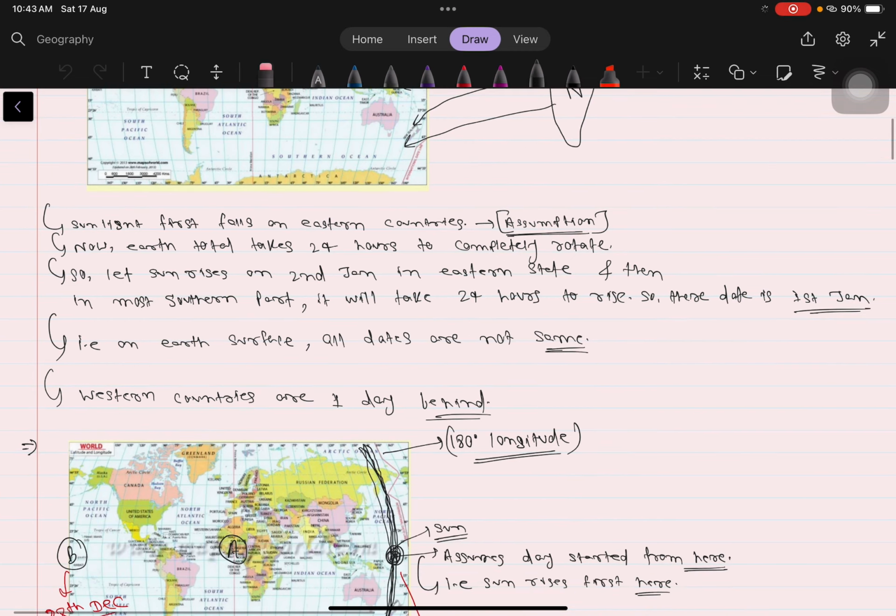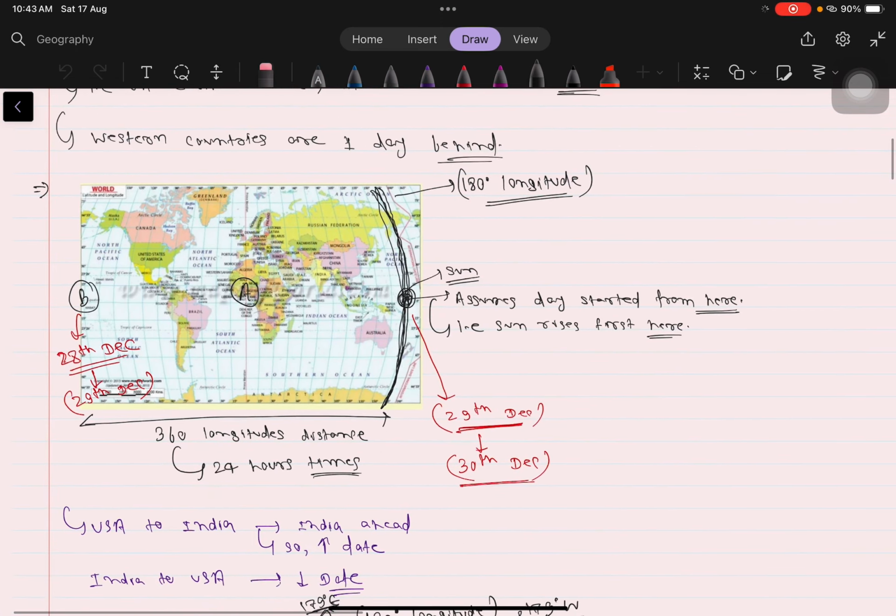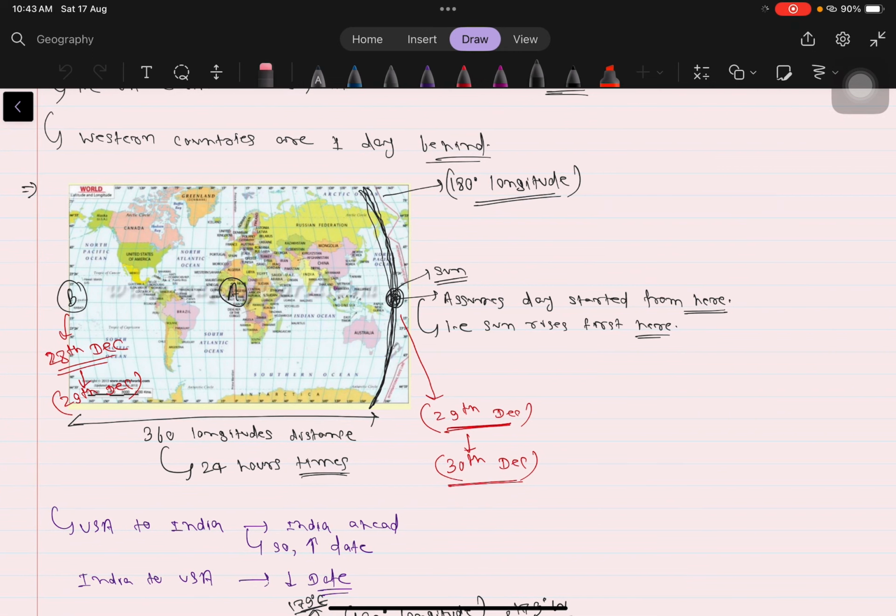Now, the reference longitudinal line which is taken for the date is the 180-degree longitude. We assume that sunlight first falls on these points, and after that it moves towards the western countries.